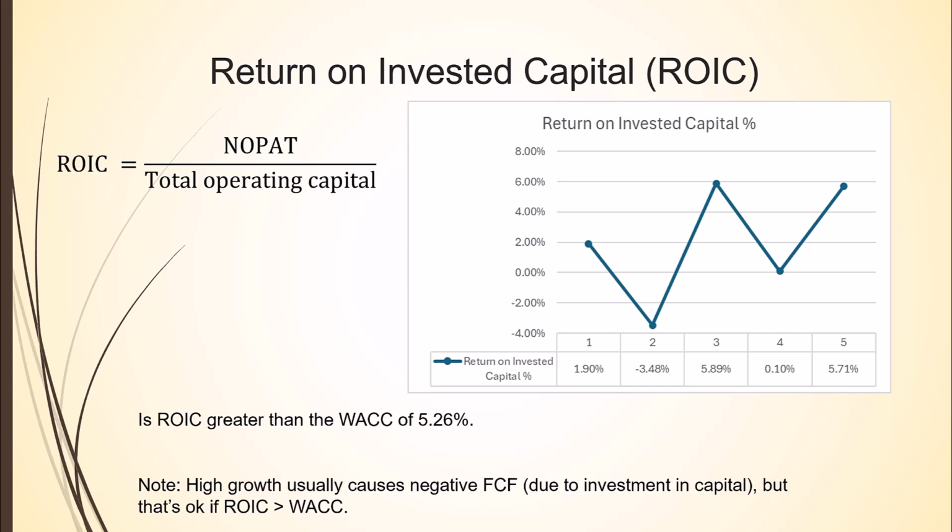High growth companies such as Tesla often have negative free cash flow due to large investments. But as long as their ROIC is greater than their weighted average cost of capital, they are on their path to creating some long-term value for the firm.